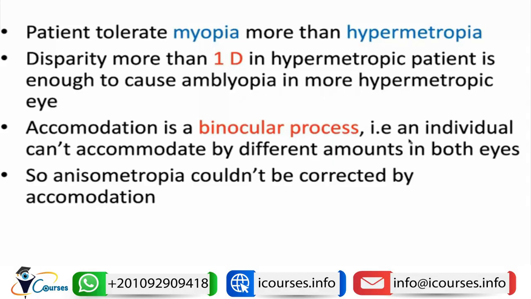In this particular case, with +2 and -2, accommodation will not be stimulated because the child can see clearly with the -2 eye. So accommodation will not be stimulated by the hypermetropic eye because the other eye can see clearly. I hope this concept is clear: accommodation is a binocular process, so an individual cannot accommodate by different amounts in both eyes, so anisometropia cannot be corrected by accommodation.